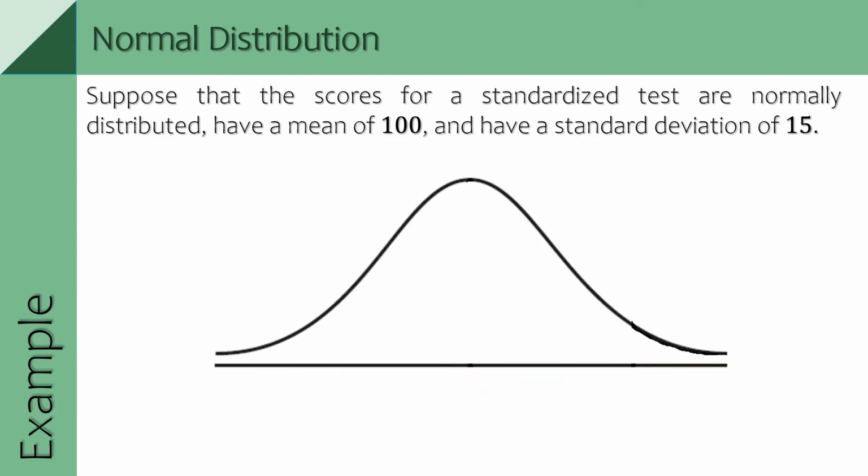So here is our bell curve again. The two factors of the normal distribution are the mean and the standard deviation. The mean is the center of the bell curve, so we can assign the center as the mean of 100.